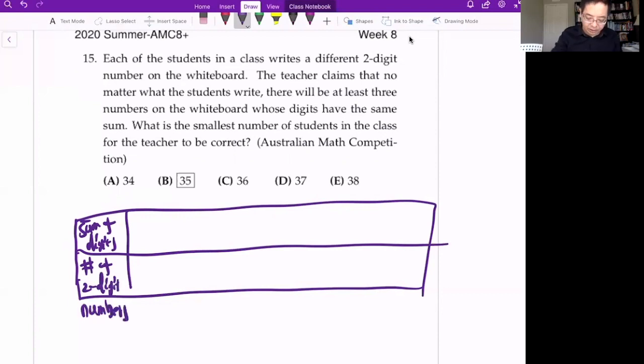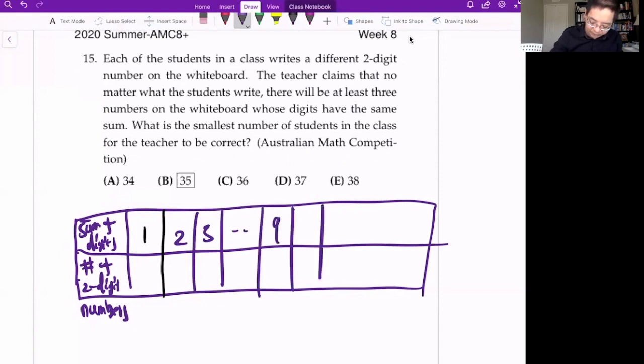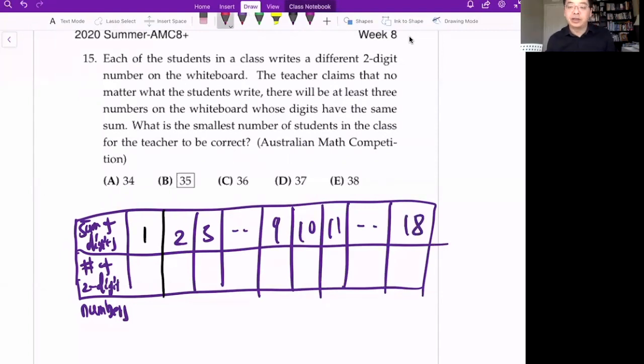Let's start from 1, and then 2, 3, all the way to 9, and then 10, 11, all the way to 18. If the sum is 1, we have only one such two-digit number, which is 10.